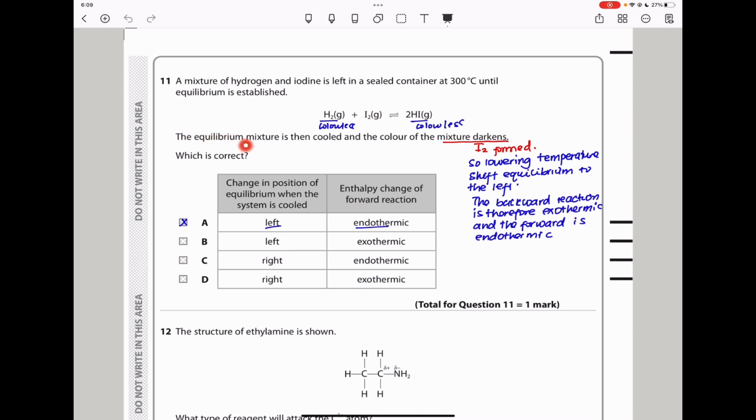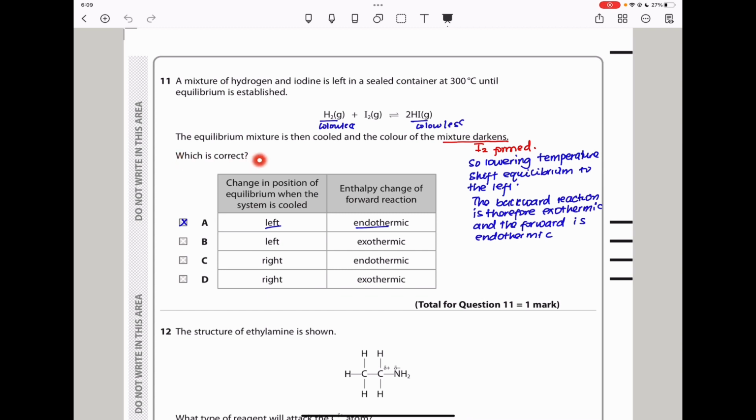So here, when they say the equilibrium mixture is cooled and the color of the mixture darkens, it means cooling causes equilibrium to be inclined towards the side where iodine is going to be produced, meaning this side is going to be an exothermic reaction, and therefore the forward reaction should be endothermic.